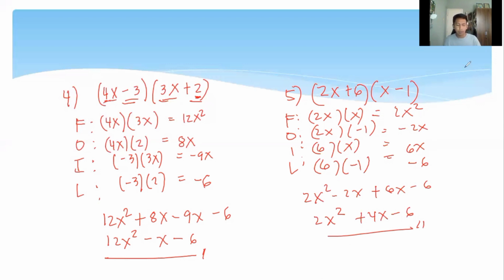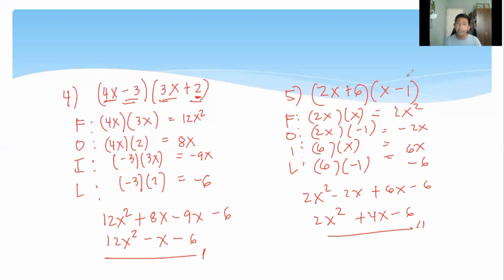And so, yan ang concept ng multiplying polynomials or multiplication of polynomials. So, remember, multiplying polynomials is a bit more challenging than adding and subtracting polynomials. We have to use now the distributive property to multiply each term in the first polynomial by each term in the second polynomial.